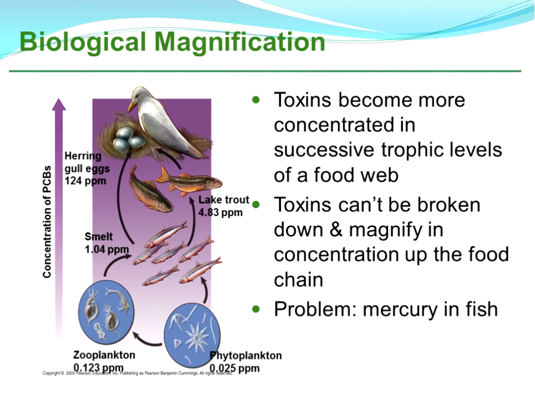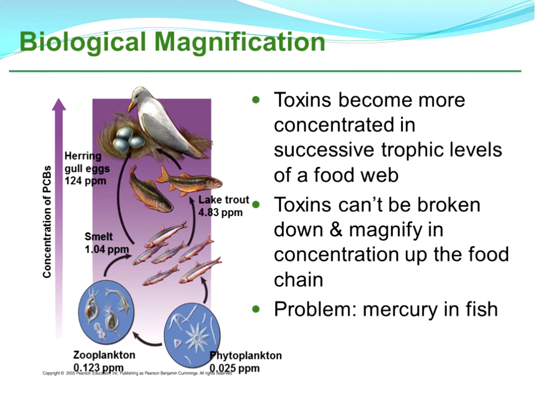Another thing to keep in mind with toxins is biological magnification, and this is when toxins become more concentrated as we move through the trophic levels in a food web. They can't be broken down and actually will magnify in concentration as you move up the food web. You can see here from the phytoplankton, we have 0.025 parts per million of the toxin.